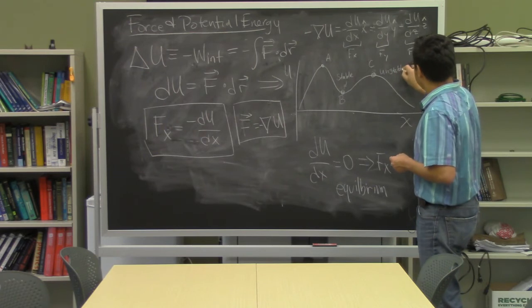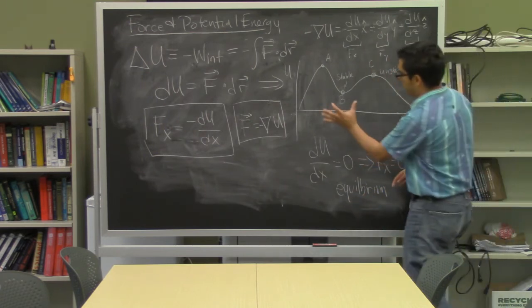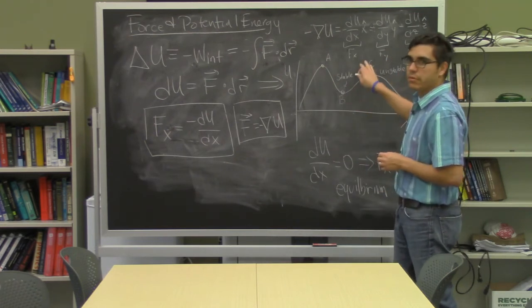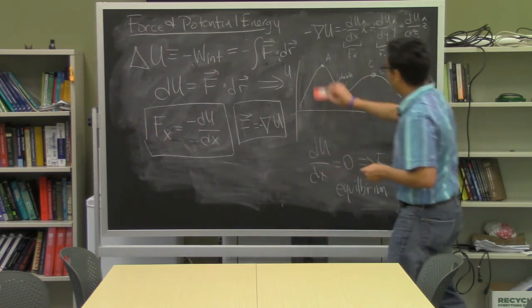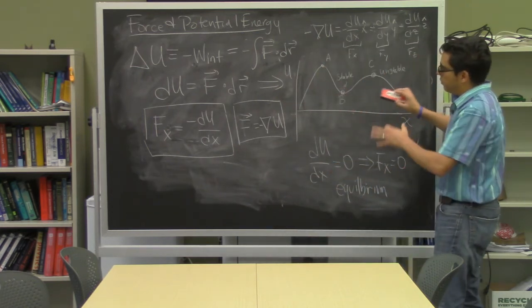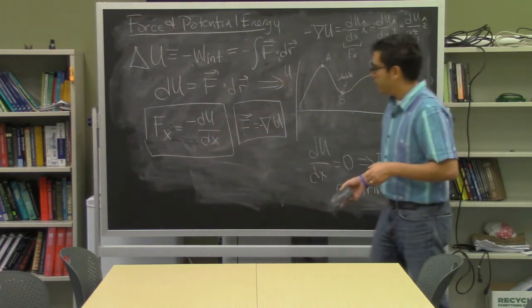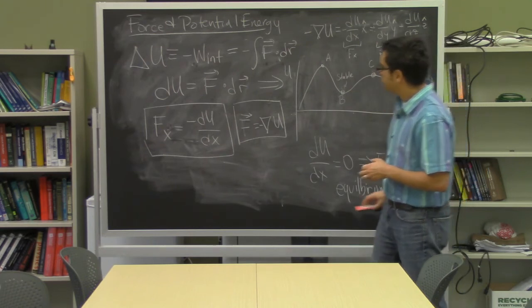So while the first derivative tells us about where these equilibrium points are, the concavity, or the second derivative of the potential energy function, tells us about whether it's stable or unstable. So when thinking about these graphs, it's a very useful tool, this idea of connecting the force to the spatial derivative of the potential energy. It's a useful tool for thinking about stability of points.